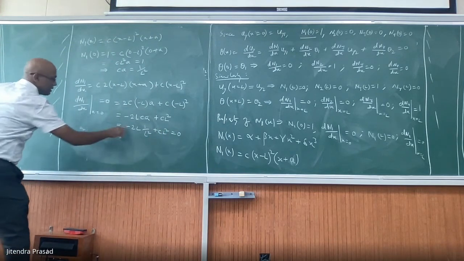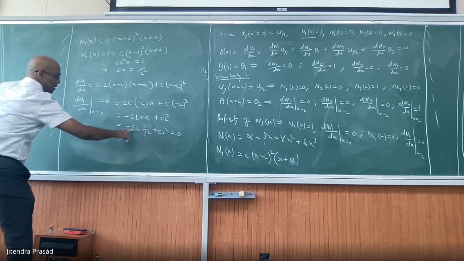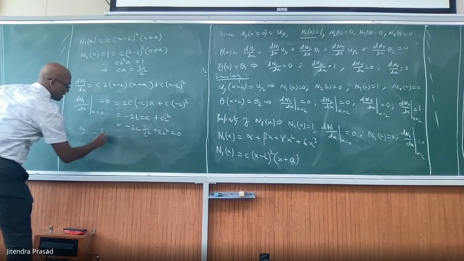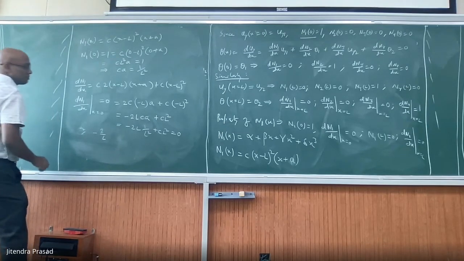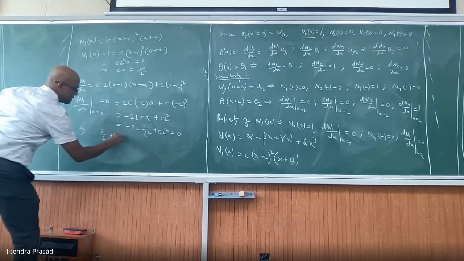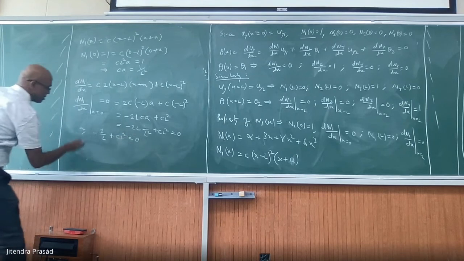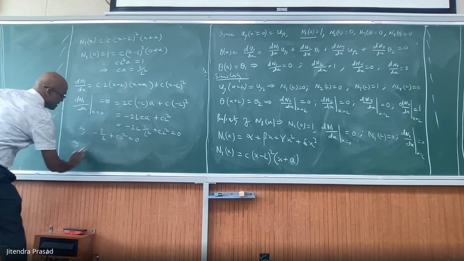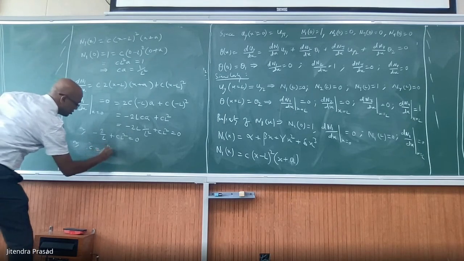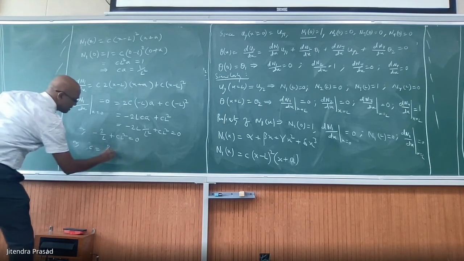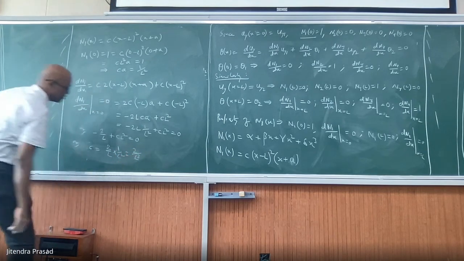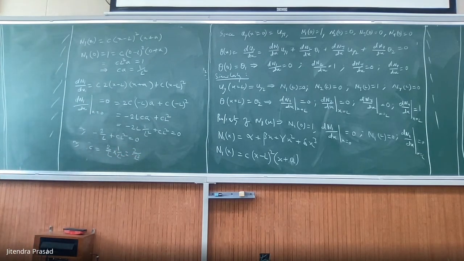Or what you get from here is minus 2 over L plus c L square equal to 0. Or c is equal to 2 over L multiplied by 1 over L square, equal to 2 over L cube. Right? So you got that?